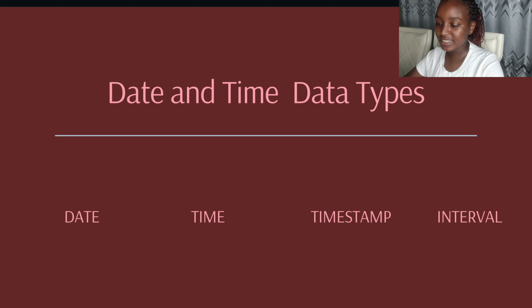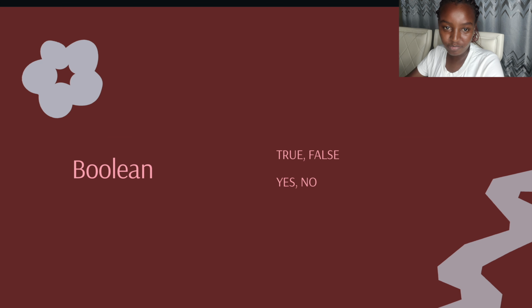We have date and time data types. So date covers date only, time covers time only, timestamp covers date and time, and interval covers things like, give me, I will use the last 2 days or the last week. So that's an interval in this case. We have Boolean.